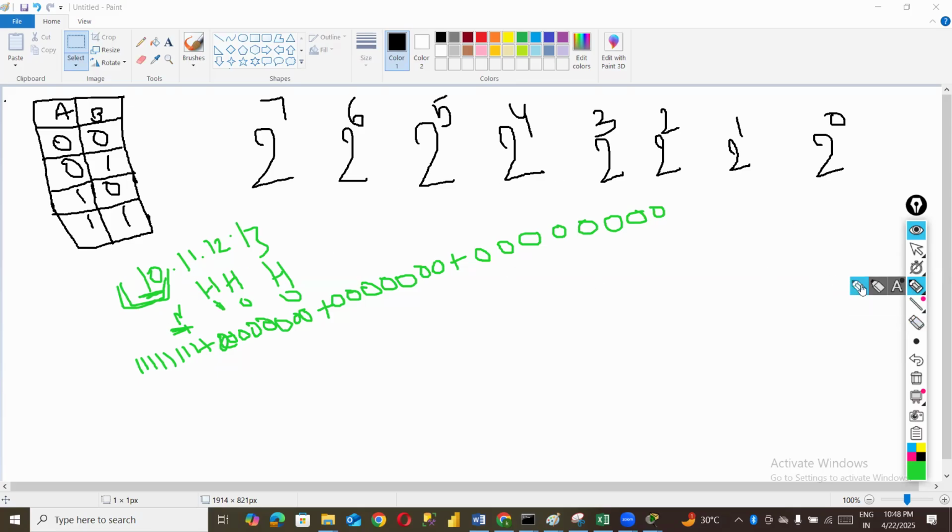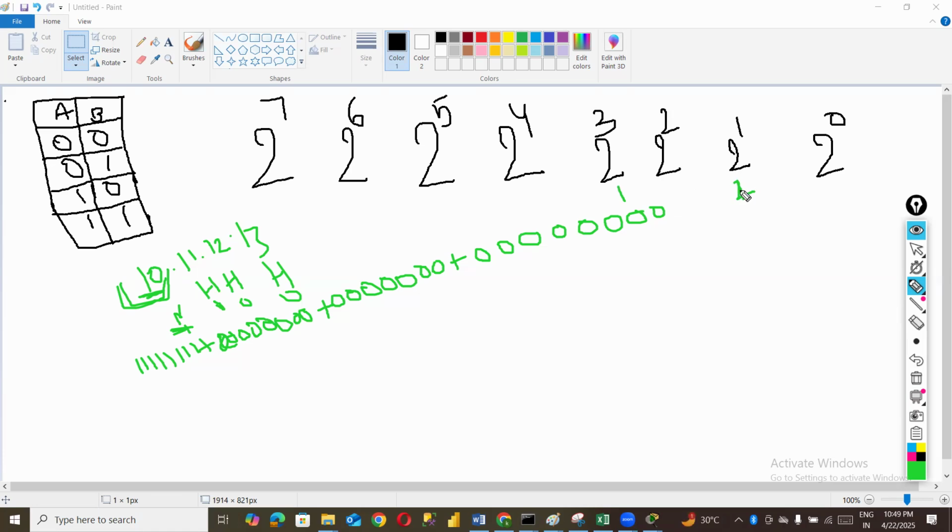10 means a combination of 2 power 3 plus... how do we get the 10 value in binary, which combination of numbers will get the 10? 2 power 3 is 8. 2 power 2 means 4, and 8 plus 4 becomes 12.